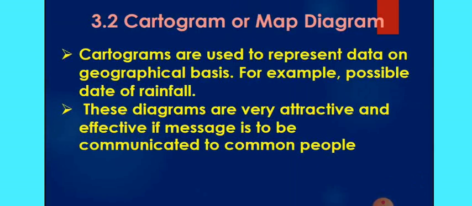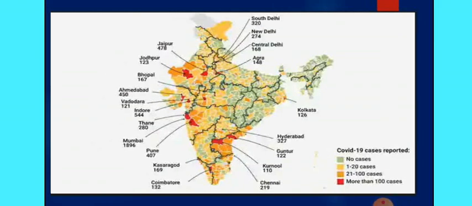Let's see the example. From that we can see what a map diagram is. See, they have given the India map. In the India map there are different shades. See, in the first box there is green, that means no cases. Wherever you see the green color, there are no cases.